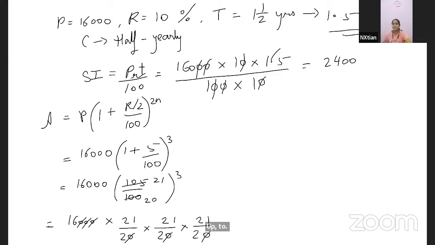So multiply 3 times 21 with 2. 2 ones are 2, 2 eights are 16. Then 2 ones are 2, fours are 8. And then the last 2 ones are 2 and 2 twos are 4. So it will come to 2 into 21 into 21 into 21.